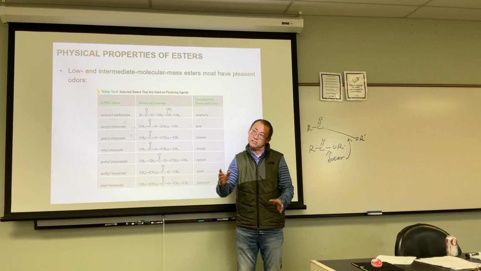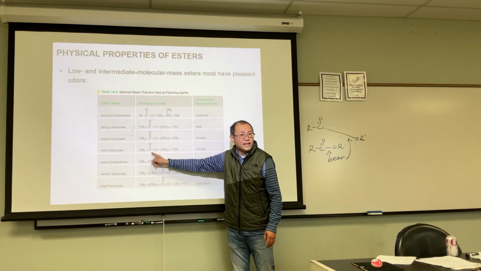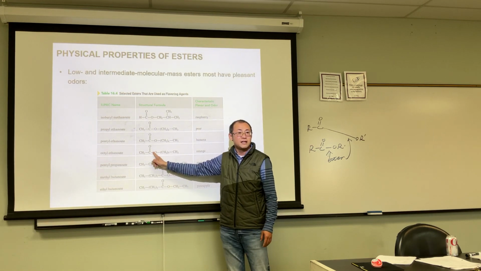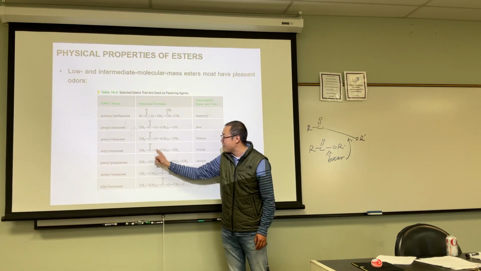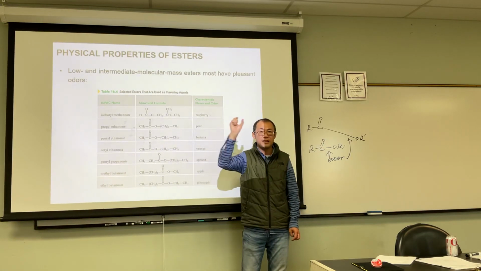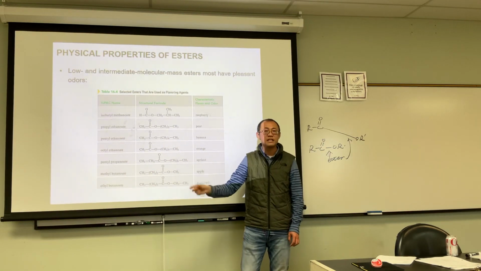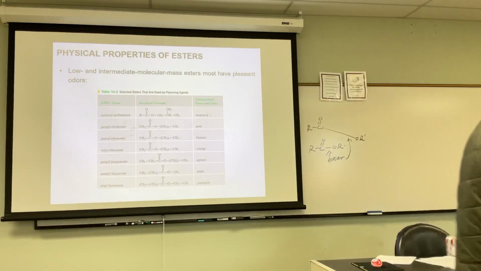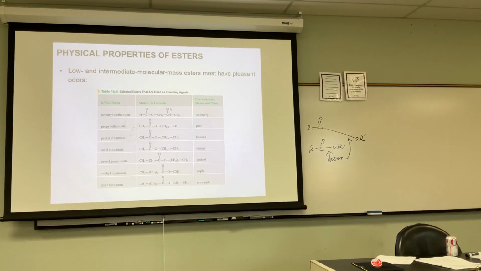When I give you an ester, you need to identify the ester bond, and more importantly, identify which part is from the acid and which part is from the alcohol. Okay, I'll see you in 10-15 minutes.